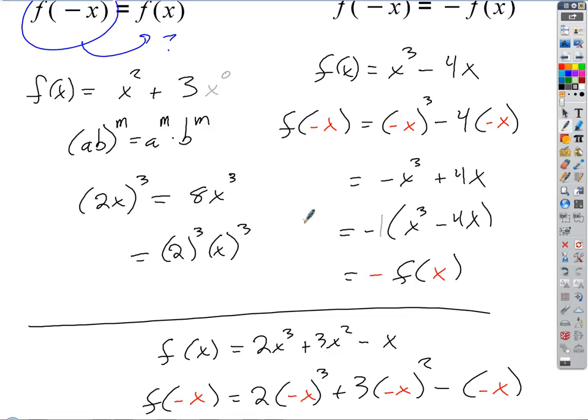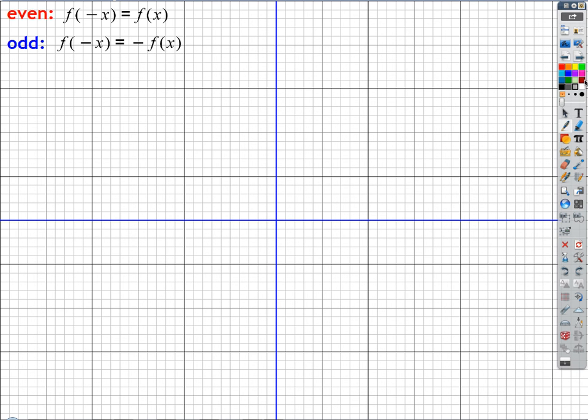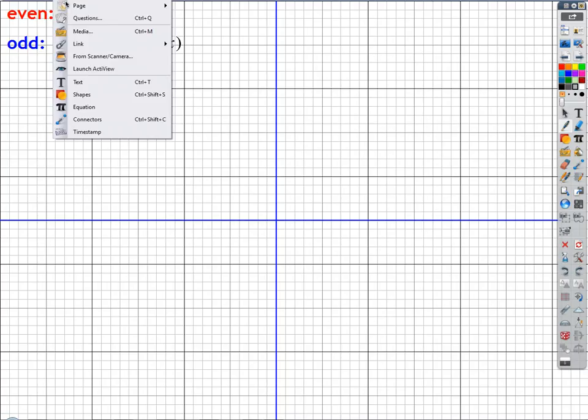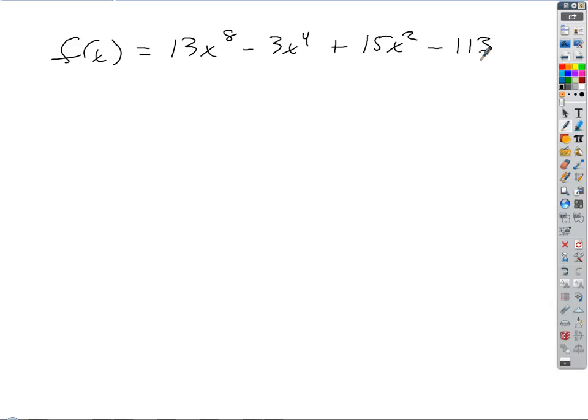1, right? Okay, so what if I made the function, I want you to make a prediction for me here. What if I made the function even or odd?